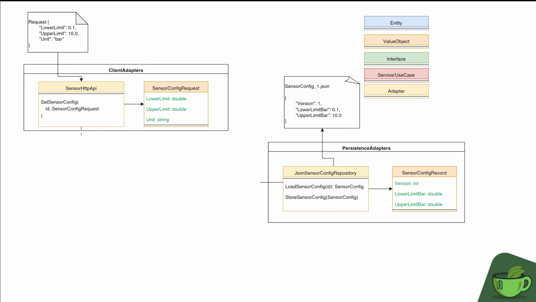Sensor config record is a dedicated struct used for converting to and from JSON for reading and storing. These structs, purely required for transferring serializable data, are called data transfer objects, or DTOs for short. And in fact, using them at the edges of your application is a very common and robust pattern. So introducing those DTOs seems quite reasonable.